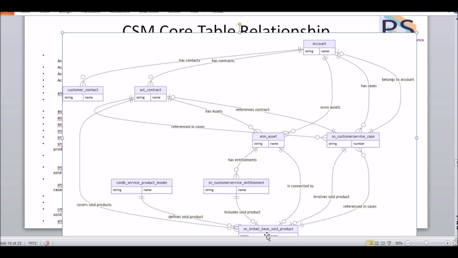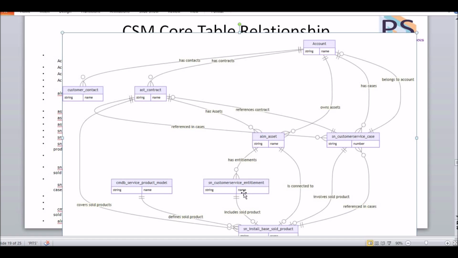And these contracts are further connected to the sold product. Case should also be related to the sold product. The customer entitlement, whether the customer is utilizing the service under the limited entitlement mentioned over there, or their entitlement window is already exceeded, that information is mentioned under the entitlement against that particular asset.